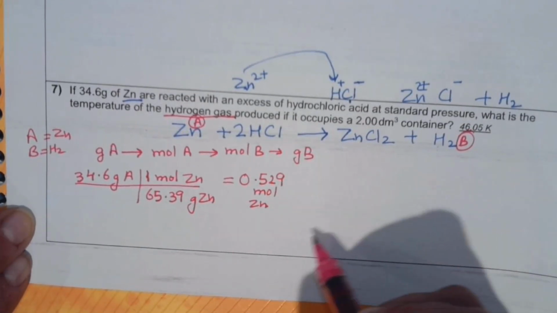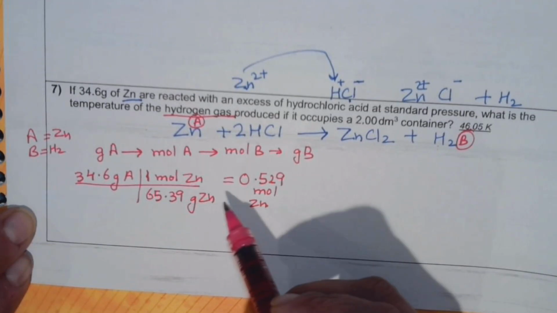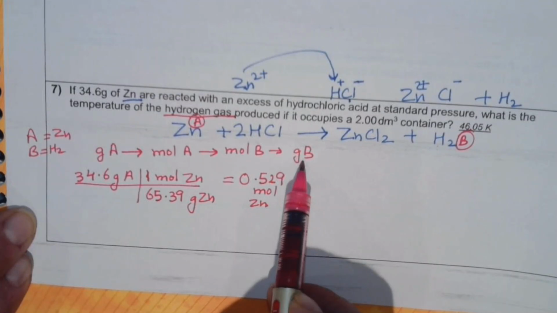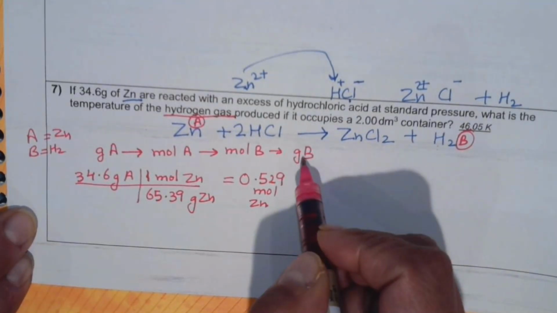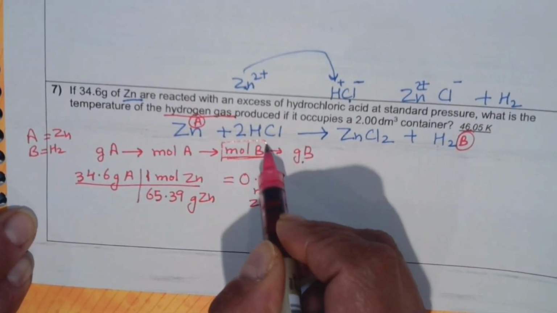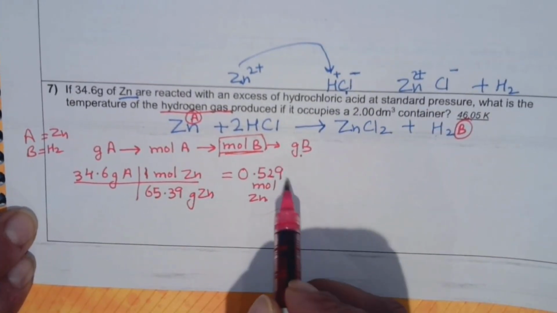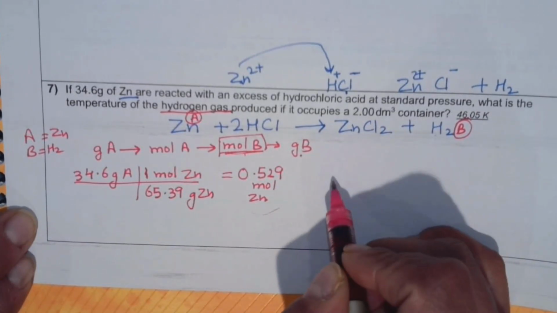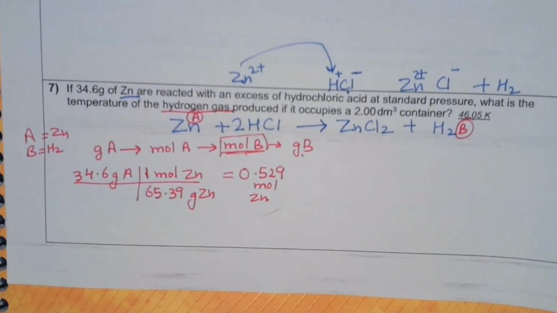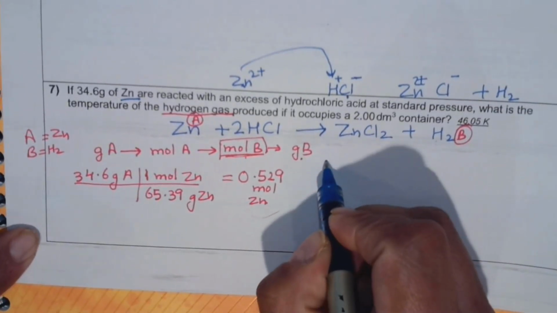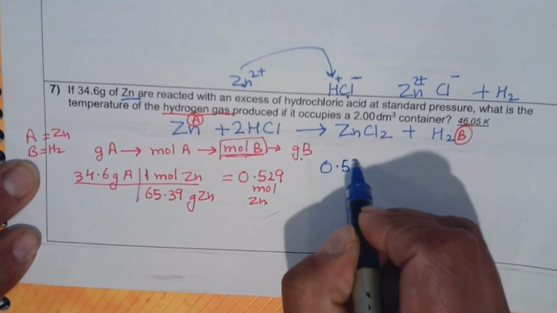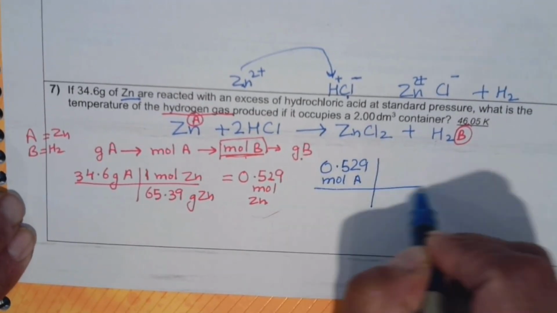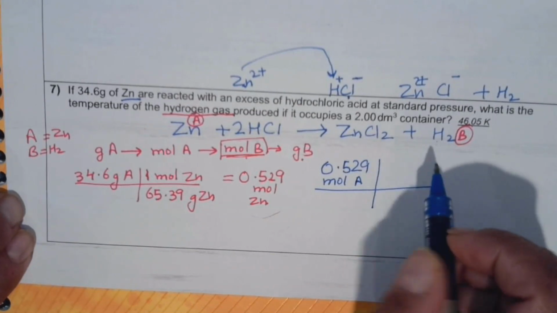Next, you need to convert the moles of zinc to moles of hydrogen gas, right? You can just go directly in one step, write down the mole ratios and go directly to grams of B, but we don't need the grams of B yet. First we need the moles of B, right? So let's convert moles of A to moles of hydrogen gas first. You start with 0.529 moles A and convert that to moles of hydrogen gas.